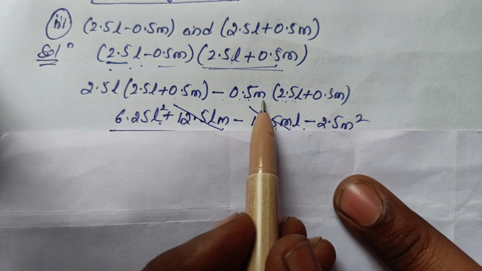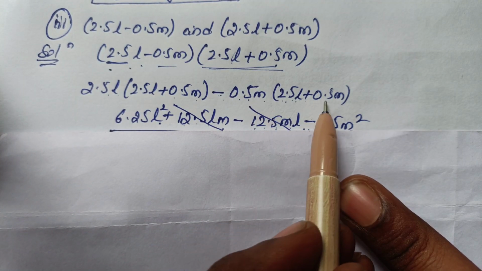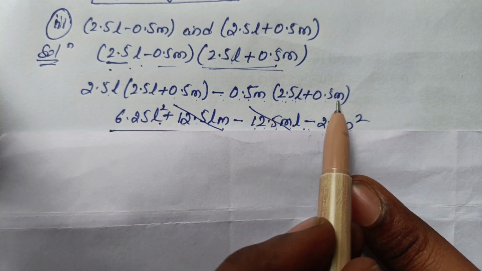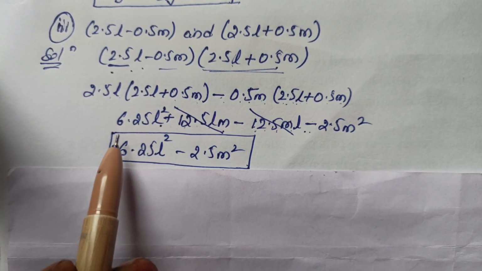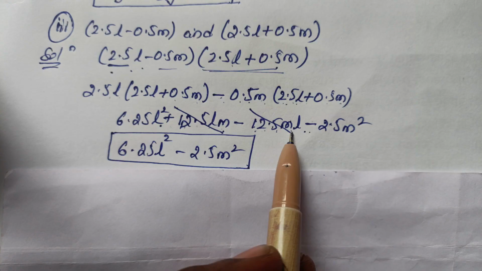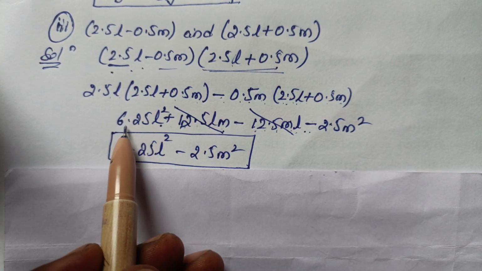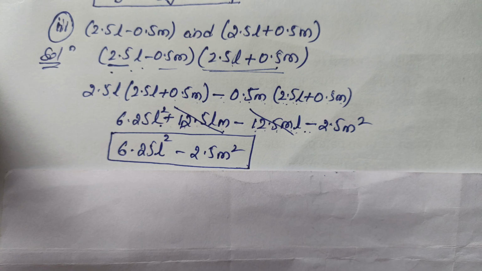Then 0.5 into 0.5, minus into plus is minus, so 0.5 into 0.5 is 0.25, m into m is m square. Plus 1.25 lm and minus 1.25 lm gets cancelled. So here 6.25 l square minus 0.25 m square is the answer.